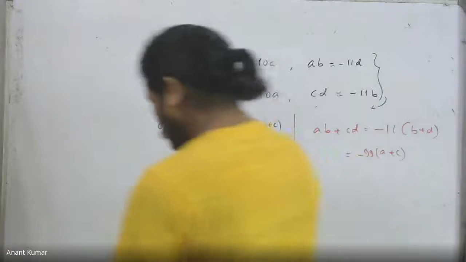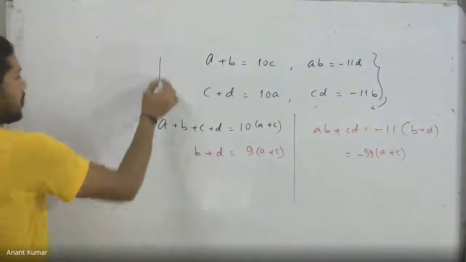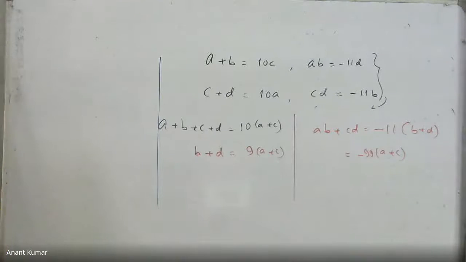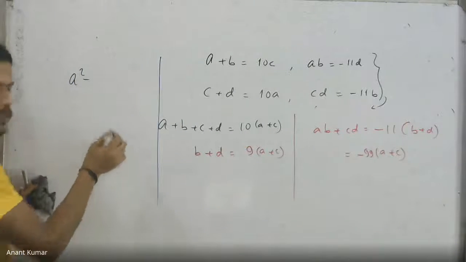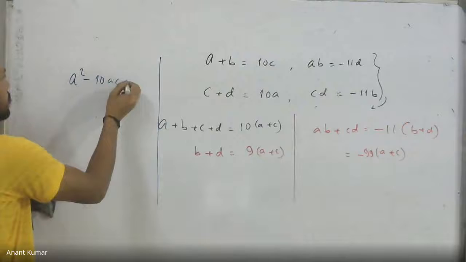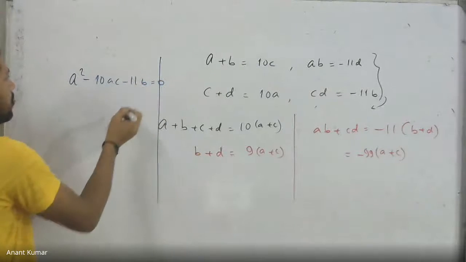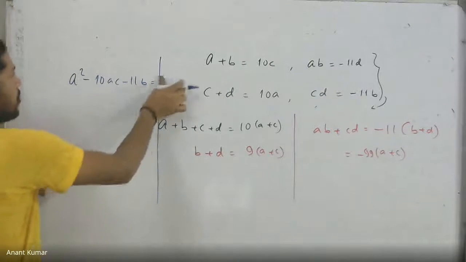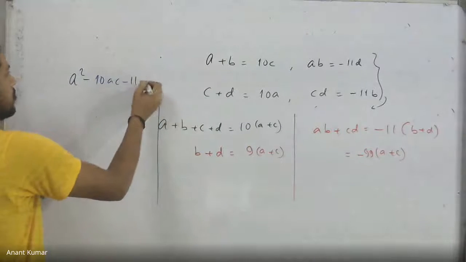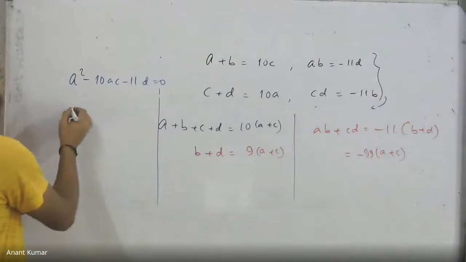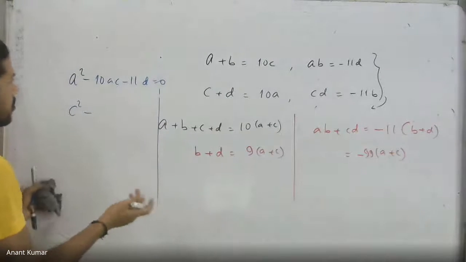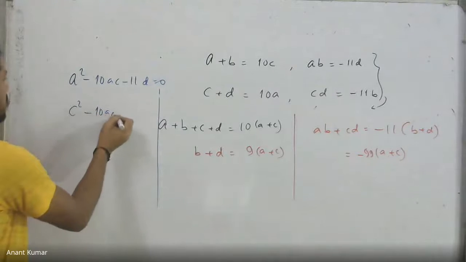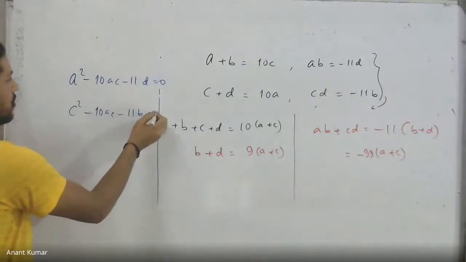In fact, that is a good observation. If I look at the original equation which has been given, setting up A in the first equation, minus 10 AC minus 11B equal to 0, and C with D, rather, 11D.